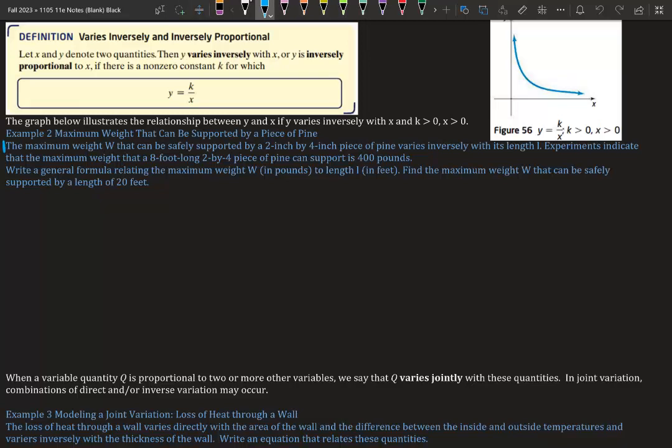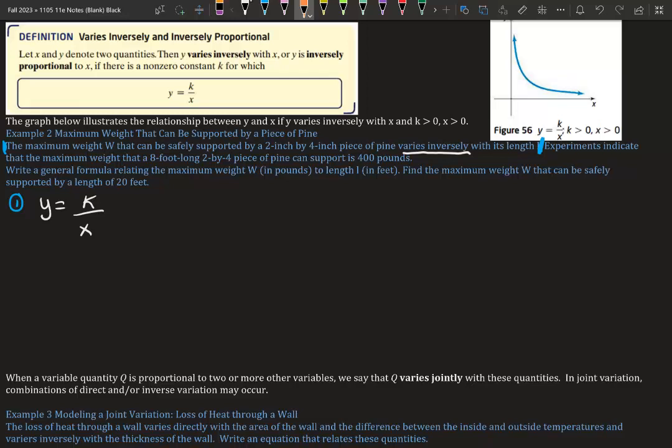So our first sentence gives us variables. And it says varies inversely. Varies inversely tells me division. It tells me y equals k over x. Whatever comes to the left of that phrase varies inversely, that's your y.